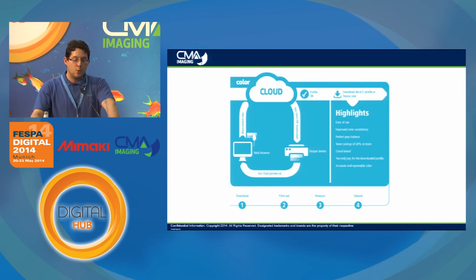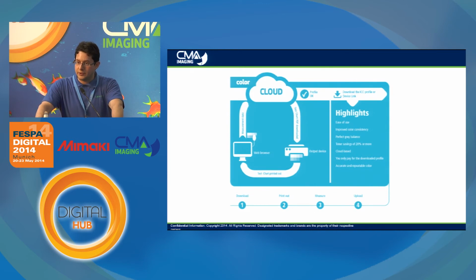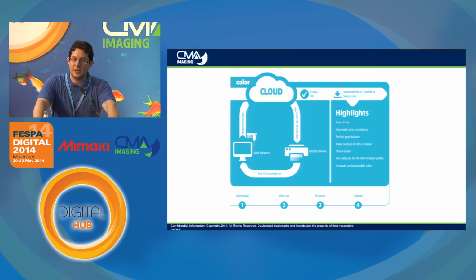We have as well one solution which is on the cloud. For all the sign and display market, this is unique and it's new. It's like a revolution, I would say, in color management or profiling, because now you don't need to have a local solution anymore. So you don't need to install it locally. You can simply, based on your requirements and demand, build your own profiles, your own device link profiles over the cloud.